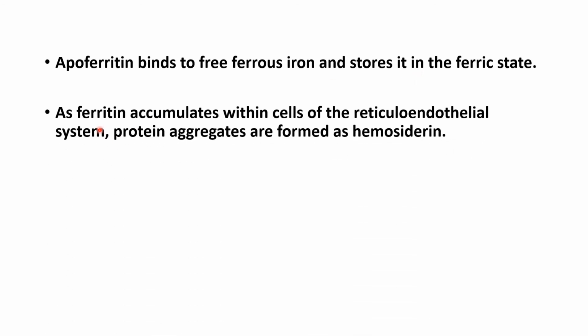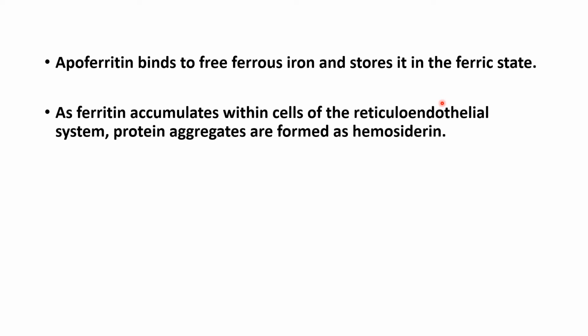As ferritin accumulates within the cells of the reticuloendothelial system, the protein aggregates are formed as hemosiderin. The reticuloendothelial system, or RES, removes the immune complexes from the circulation in healthy persons and is formed of phagocytic cells that are found in the circulation and in tissues.